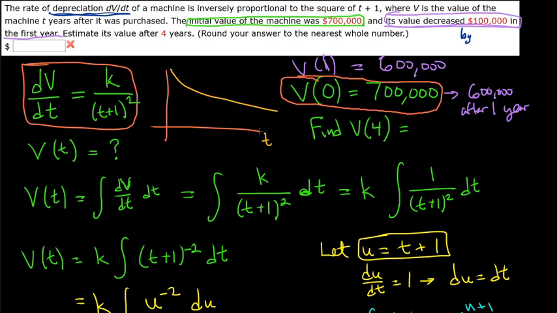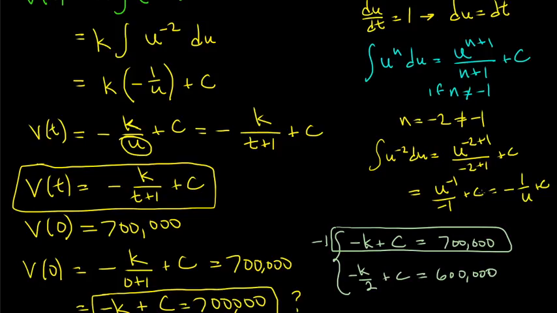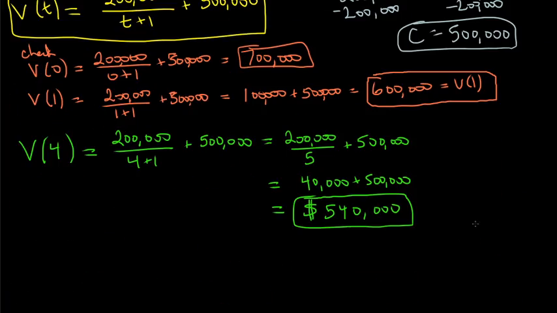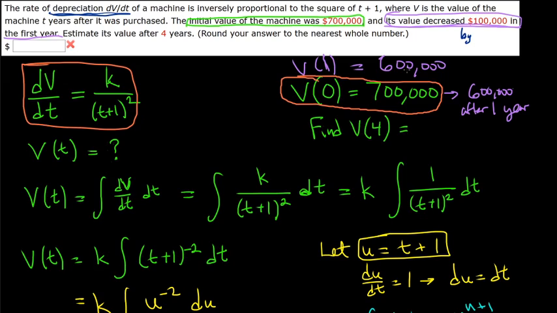You should probably graph V in terms of t here, or even the derivative of V. The rate is also decreasing, but probably not quite as much. Anyways, that's the answer to the question: $540,000 is the value after 4 years.